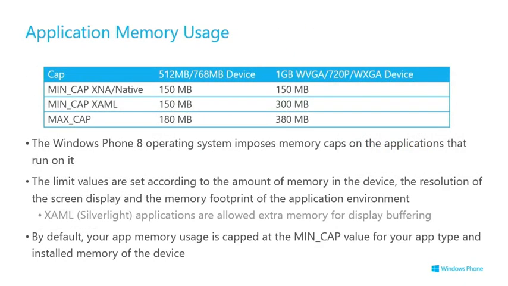This is something else that you set in the manifest. Now, the memory caps have changed in Windows Phone 8. With Windows Phone 7, you tended to work to keeping your memory usage below 90 megs. If you went over 90 megs on the lower spec devices in those days, a 256 meg device, then the OS would kill your app.